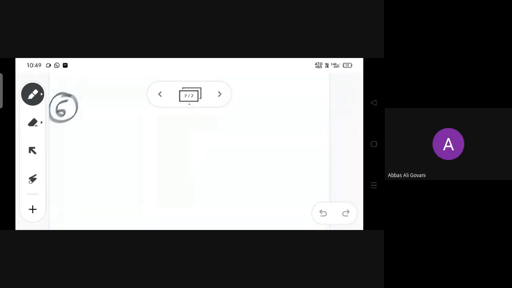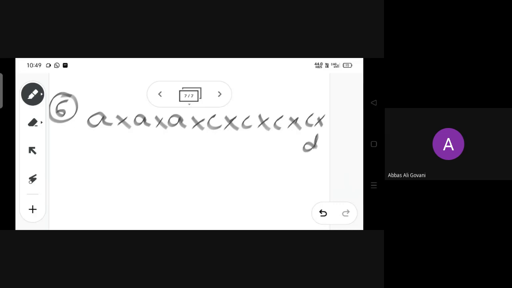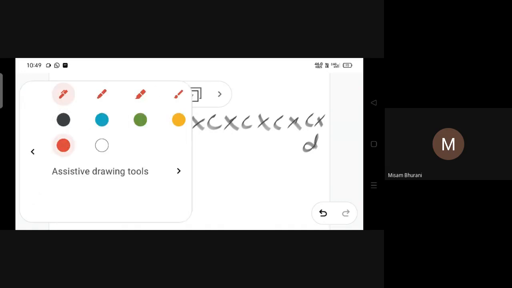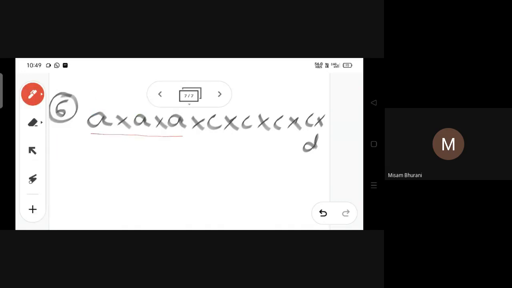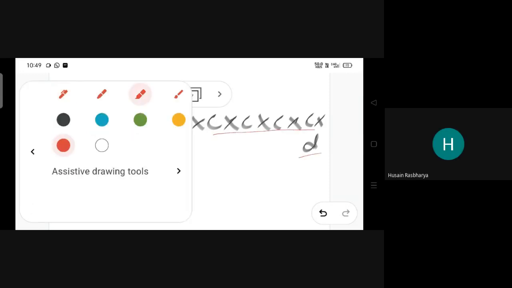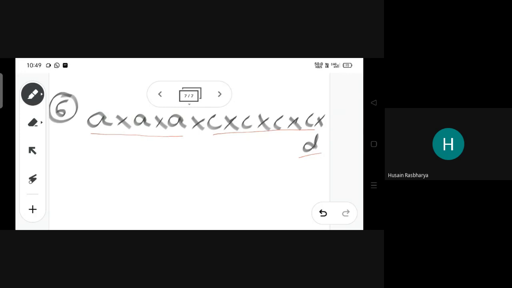Question number 6 is A into A into A into C into C into C into C multiply by D. Can you try, all of you?